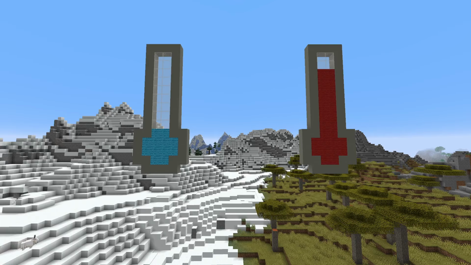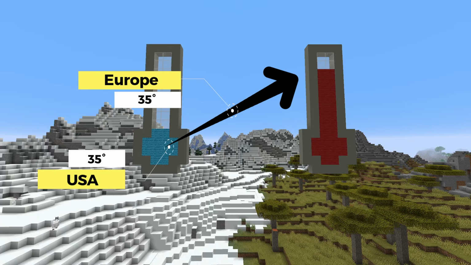And so for both of these temperature gradients, they go from 0 to 100 or 0 to 96, and all other temperatures are based on this linear progression on these two states. So this is why 35 degrees means something different depending on which continent you're standing on.